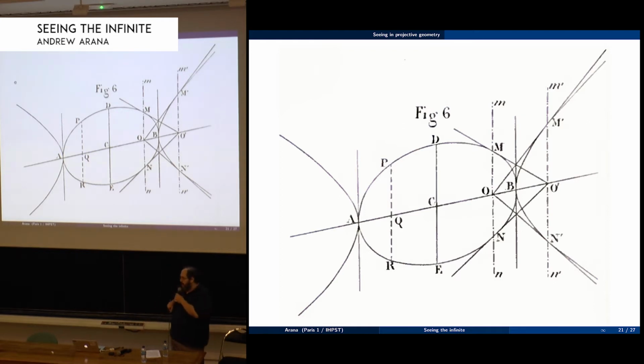But here you'll arrive at solutions to equations that are imaginary and don't have any correspondent in the real plane. And so what Poncelet became interested in was finding a way to represent these imaginary points in geometrical terms.